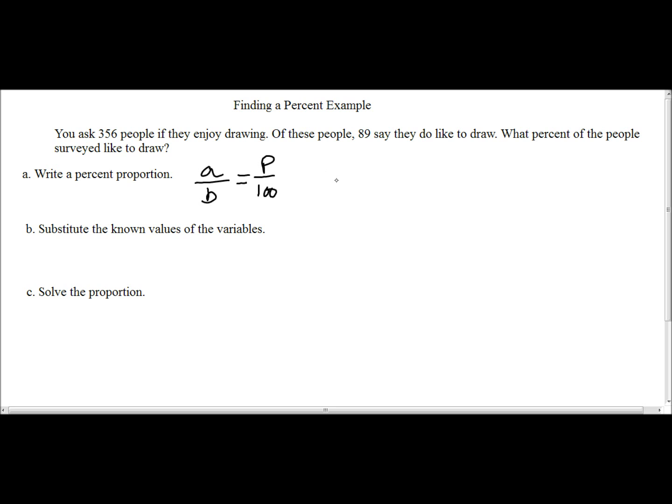Okay, and remember what we said. We said that A is the part, we say that B is the whole, and we said P was the actual percent.